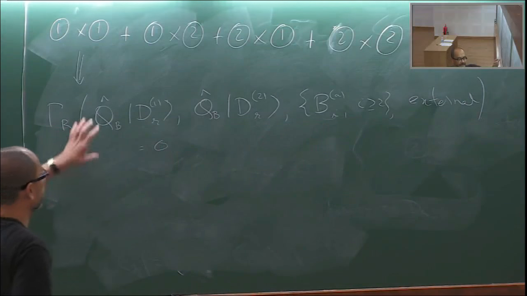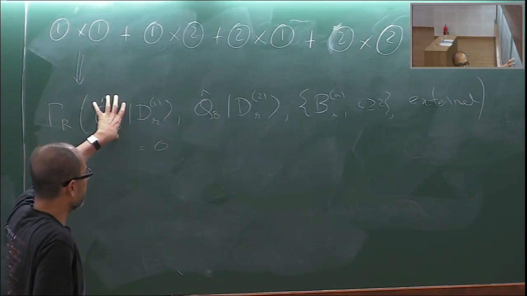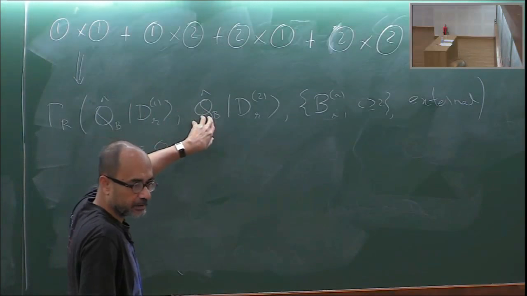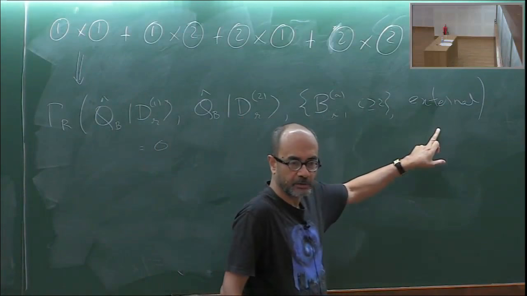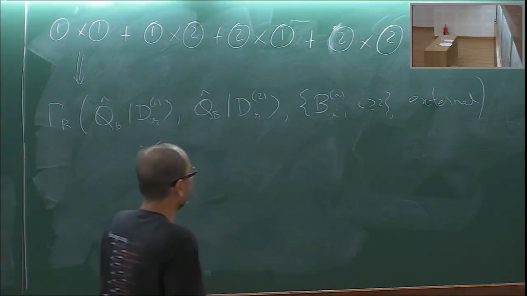Because this is, up to a sign, QB hat acting on this, which is 0 because QB hat square is 0, QB hat acts on these which are all 0, and QB hat acts on external states which are all 0. So this is 0, no problem.